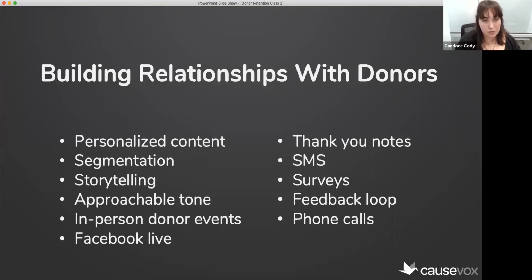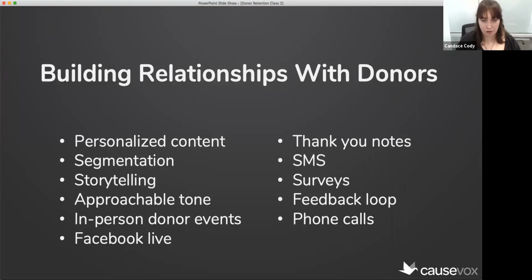And so I think this is really interesting for you to take a look at your communications and have that assessment as far as branding goes, and helping find the right tone for your donor communications, and being approachable as an organization where people feel like they can reach out to you if they have questions, and that you're open to developing more of a relationship with them.